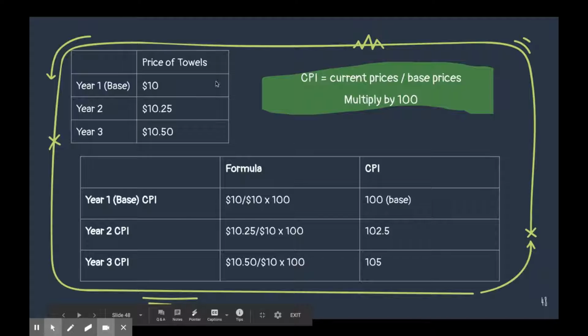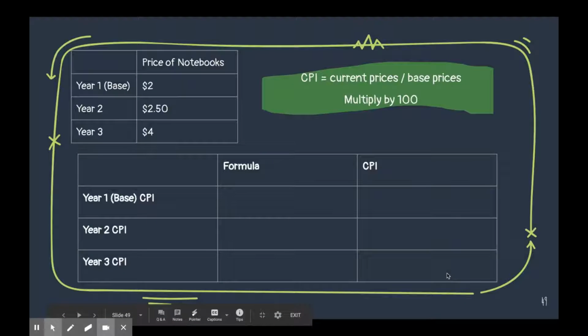Now year 3, we're up to $10.50. So $10.50 divided by 10, remember 10 is our base, gives you 1.05. If you times that by 100, you get 105. So each year, due to inflation, our price increases just a little bit. It looks like it increases by 2.5.